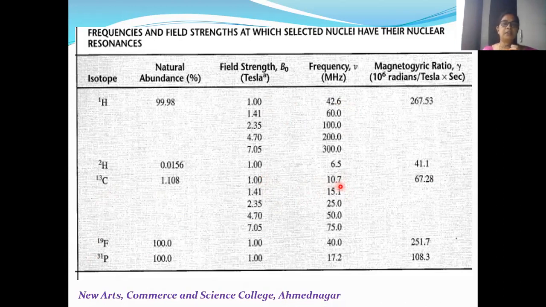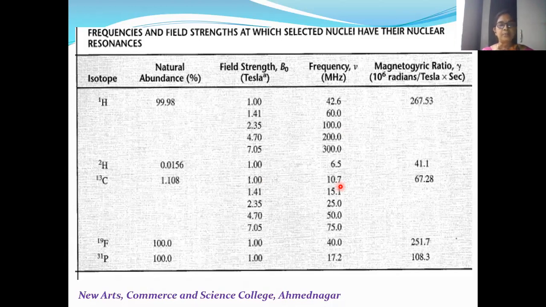This means that the energy difference between the alpha and beta spin states with respect to proton and with respect to C13 is not the same. The energy difference for proton is 42.6 megahertz at 1 Tesla. At the same time, for carbon 13, it is only 10.7 megahertz at 1 Tesla.